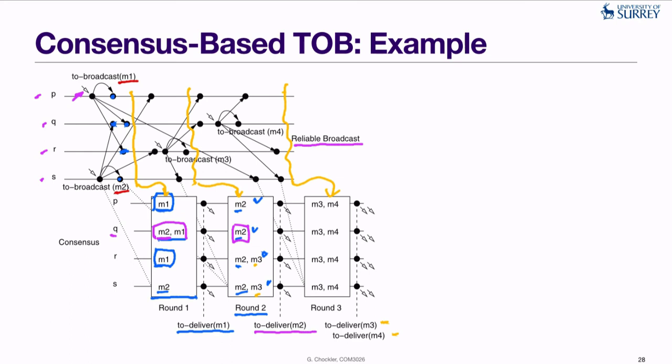Okay, so M3, M4 is a set, but when we deliver these sets, we actually need to sort them. So in this case, the sorting is M3, M4. Okay, so M3 precedes M4, and then according to this sorting, M3 is delivered before M4, and that happens everywhere. Okay, so this completes this example.